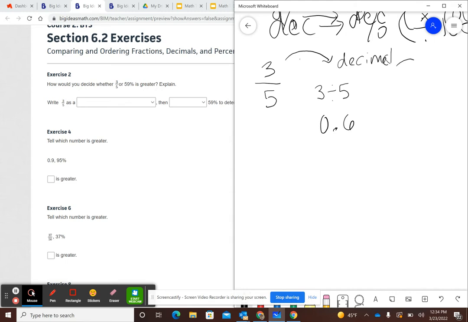And then again, to review what we did in the last video, to go from a decimal to a percentage, you're going to multiply by 100. So if I multiply 0.6 by 100, I'm going to get 60%. Okay? So now I already know which one's greater. I know that 60% or 3/5 is greater.